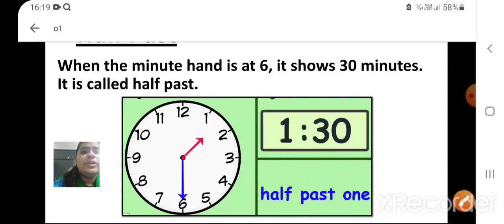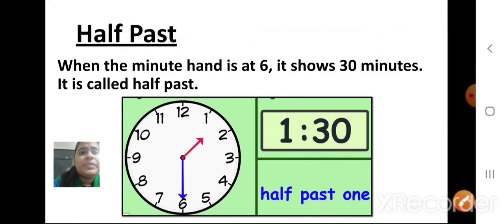Correct? So if you look here in the example, the time is 1:30. 1 o'clock is over, 1:30. Correct? I can write it as half past 1 because 30 minutes are over. So we can write half past and the hour which is over, that is 1.